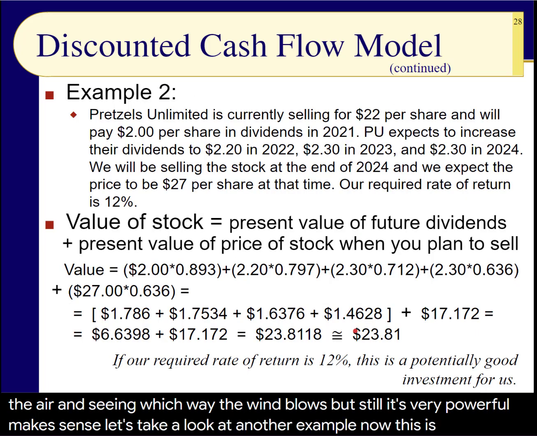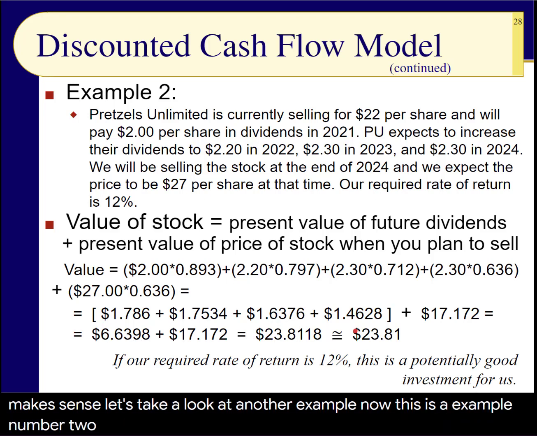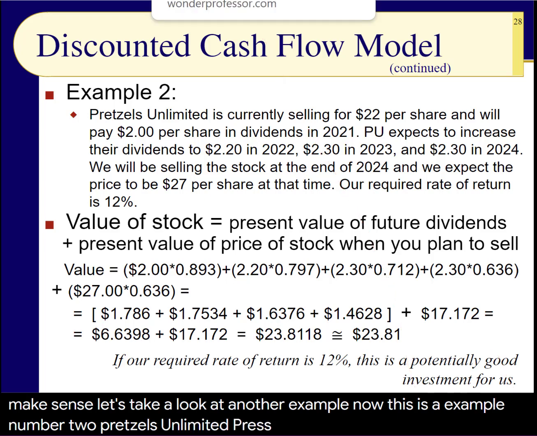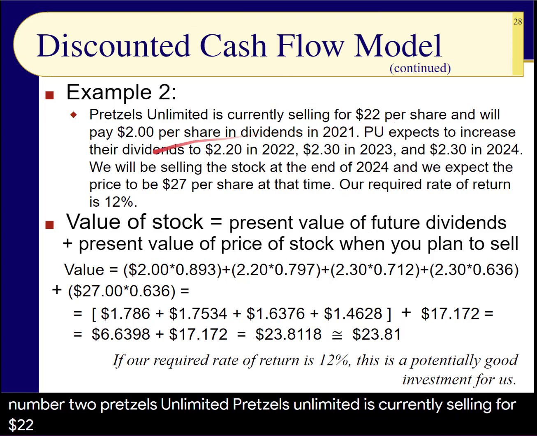This is example number 2. Pretzels Unlimited. Pretzels Unlimited is currently selling for $22 and will pay $2 per share in dividends in 2021.